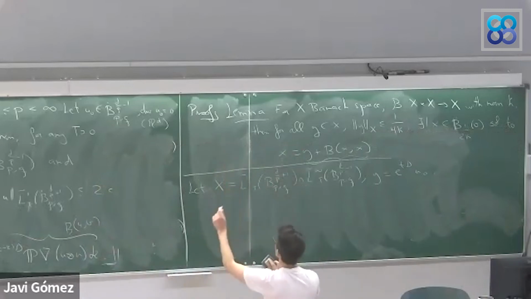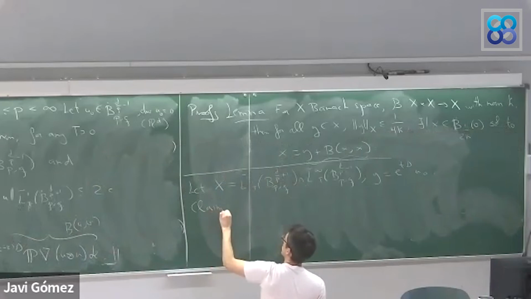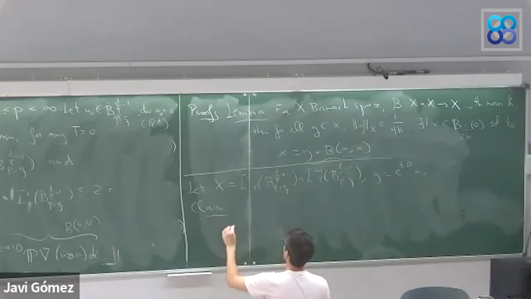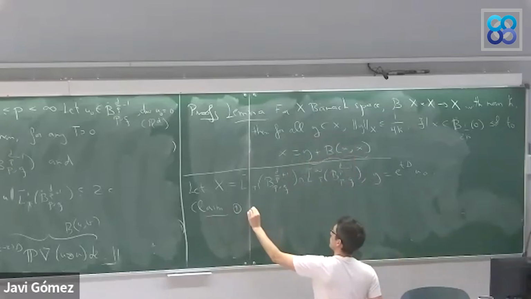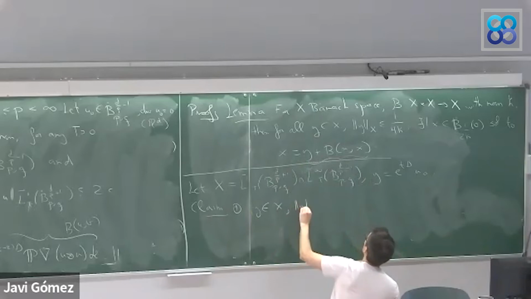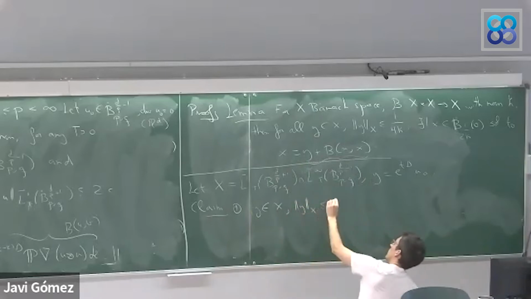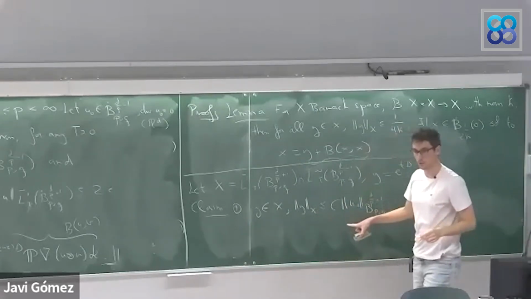Well, let's check that all the conditions in the lemma are satisfied. So the first one should be that y belongs to X and is controlled by the initial data. This I don't need to do anything.